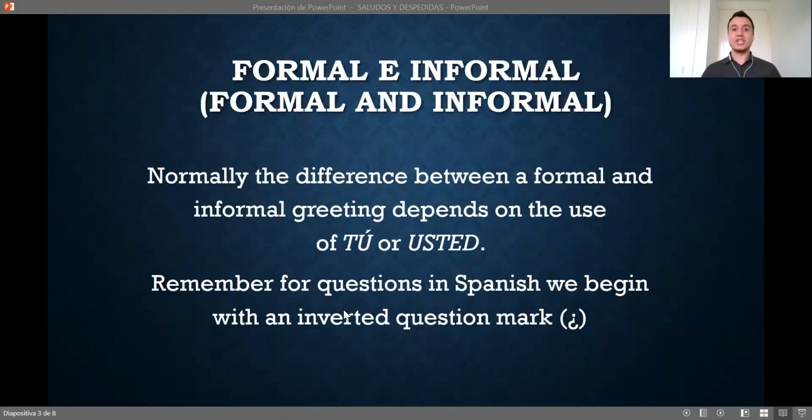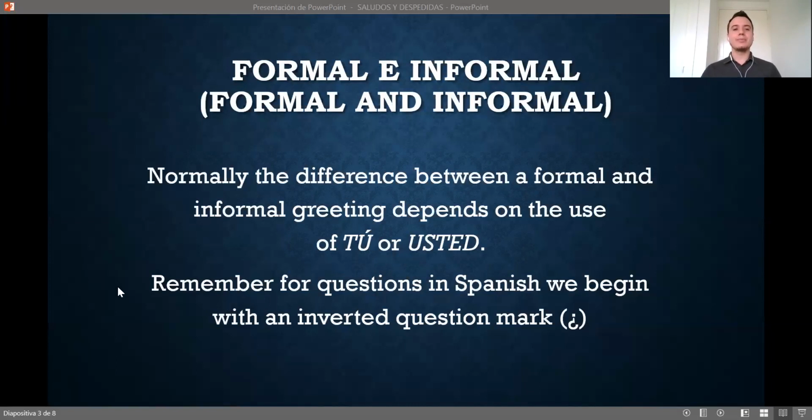How to differentiate between formal and informal greetings? Okay, normally the difference between a formal and an informal greeting depends on the use of tú or usted. Remember that tú is used for more informal greetings, and usted is used for more formal greetings, all right?